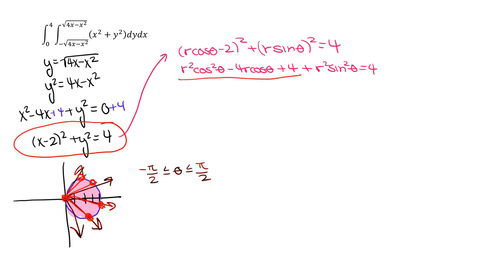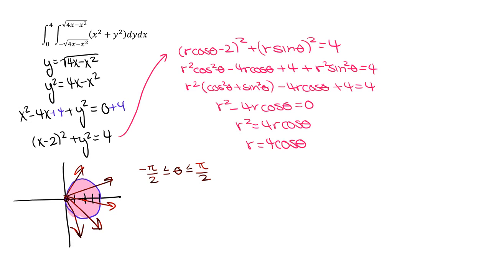That's my first 3 terms. And then the (r sine theta) squared I wrote as r squared sine squared theta. And that equals 4. And then the idea is we can do some simplifying. I noticed a couple of things I can do. There's a 4 on both sides, so I could just subtract 4 and get rid of that 4.